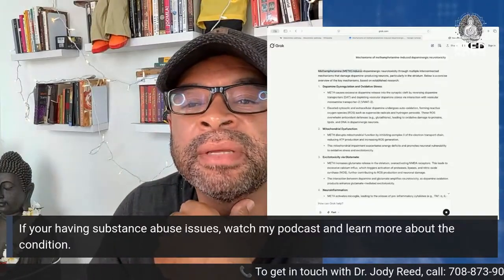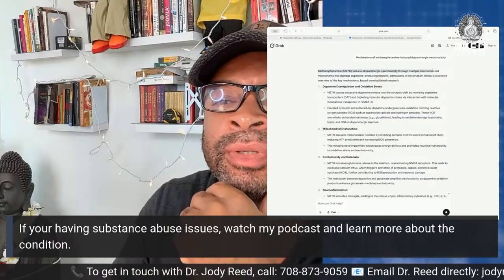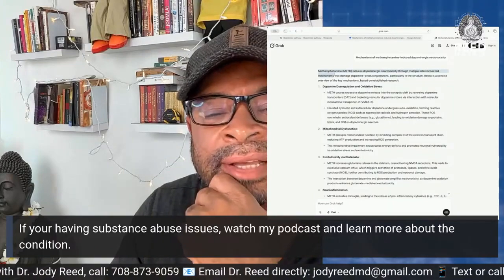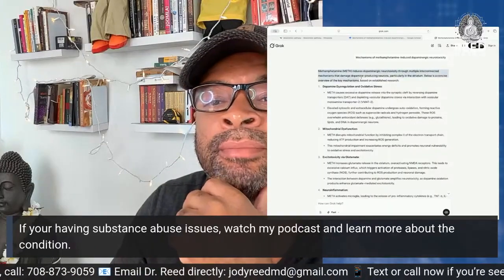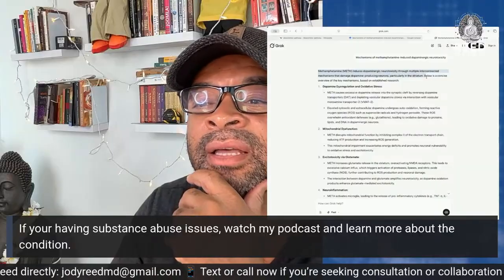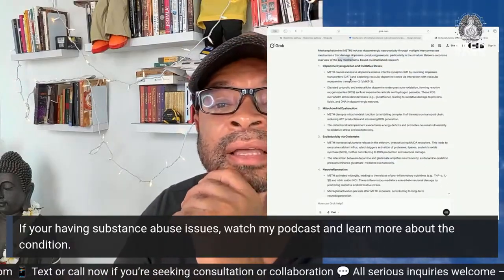Okay, methamphetamines induce dopaminergic neurotoxicity through multiple interconnected mechanisms that damage dopamine-producing neurons, particularly in the striatum. Below is a concise overview of the key mechanisms.